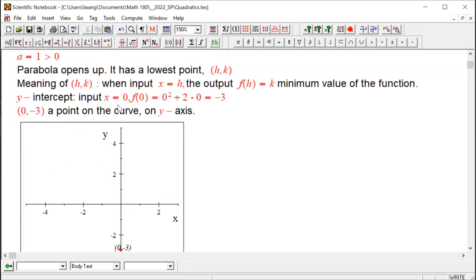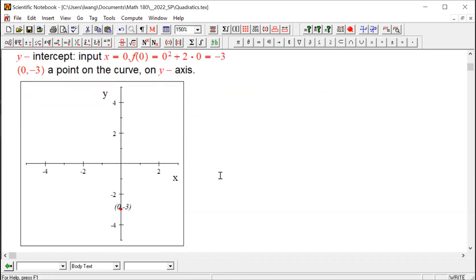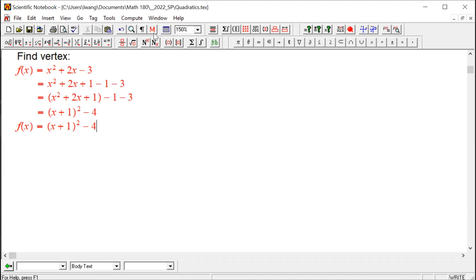In comparison with the vertex form expression, we have found our h and k.